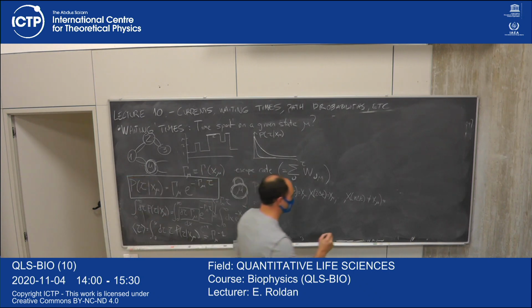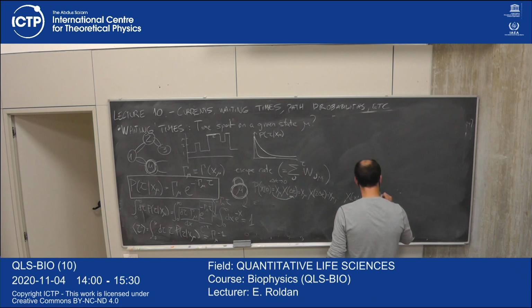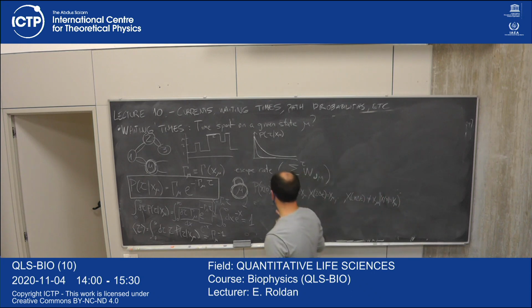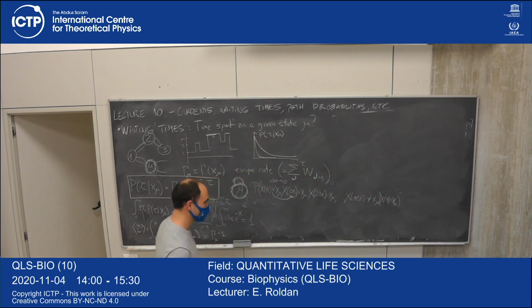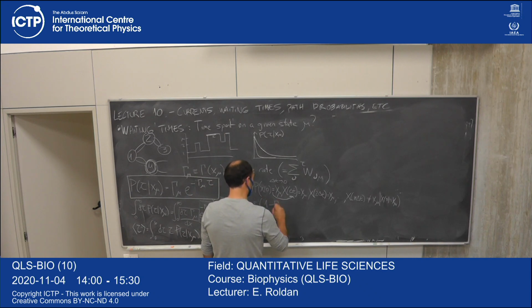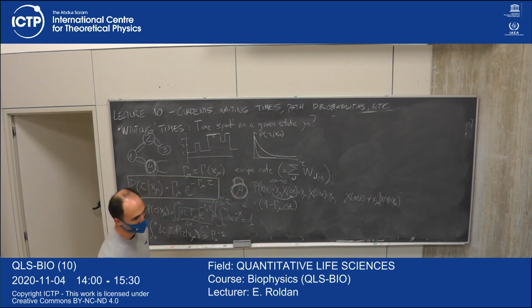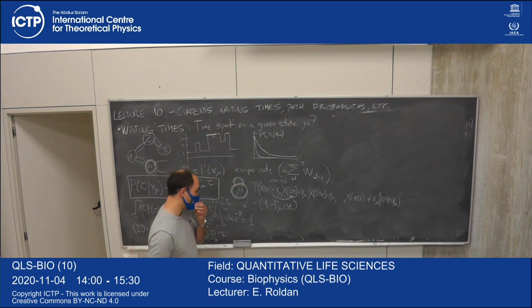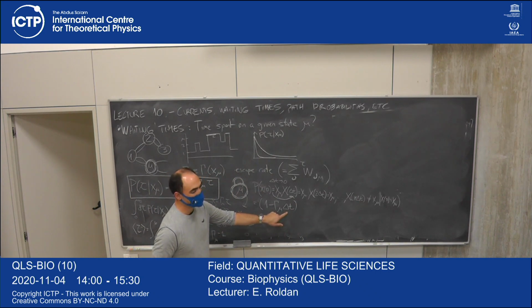This is conditional on x0 being x mu. So I have to put the probability to stay in delta t, and this is 1 minus the probability to escape. Do you agree with me? Remember, the escape rate times delta t is the escape probability. 1 minus the escape probability is the probability to remain here. This is in one step.